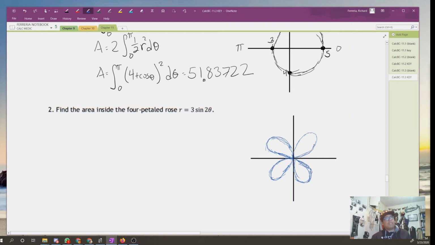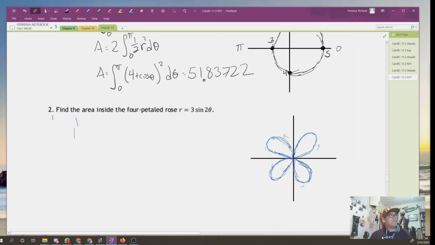So basically, every time you see a polar graph, you should be graphing it on your calculator just to see what it looks like, just to see how the path of the particle moves.